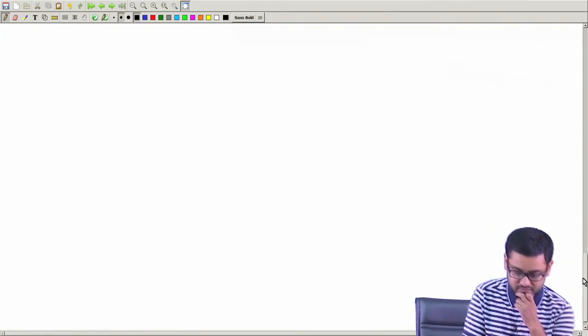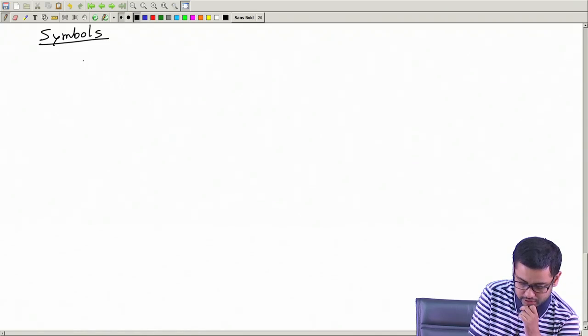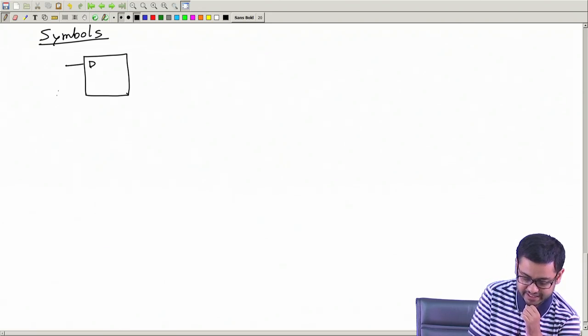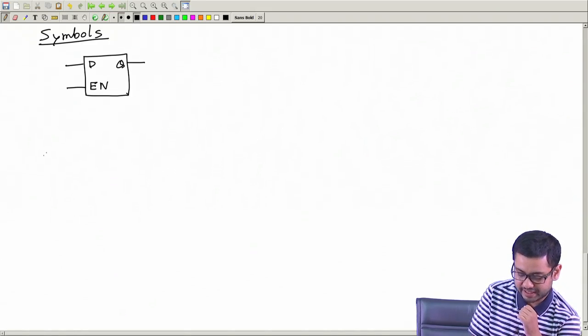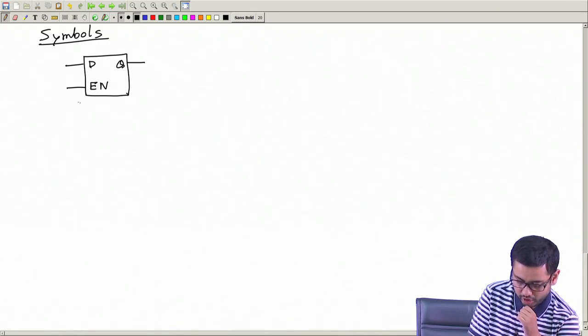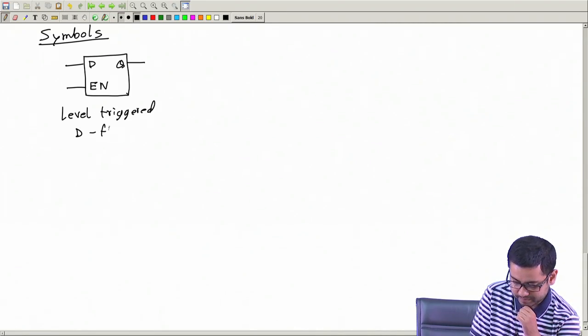Before that, let me tell you the symbols. If I draw a box with D meaning data input, Q output, and enable, which is also an input like this, this symbol is for level triggered D flip flop or data flip flop.